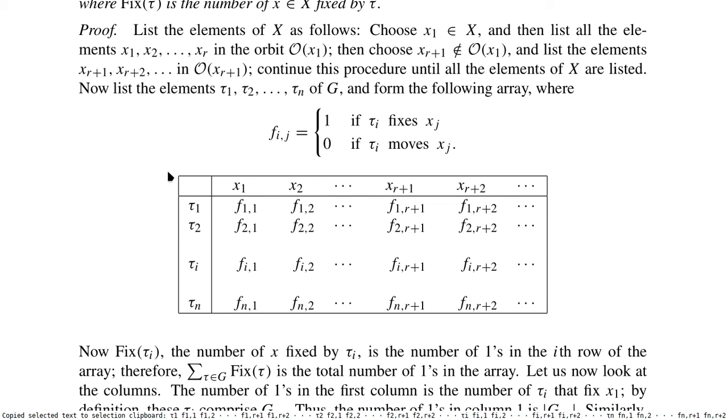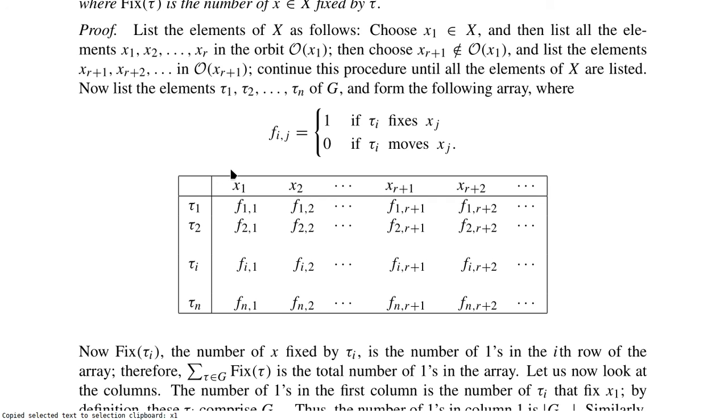For x1, you have all these taus that fix x1, so this will be F11 and F21, Fi1 till Fn1, right?